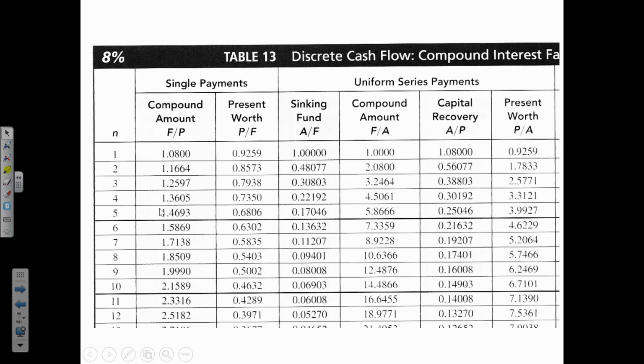Or if we compound it 5 years, at 8% annual interest, then the future amount is 1.4693 times as large as the present value. So if we know the present value, we multiply this factor by the actual numeric amount for P, and that gives us F.